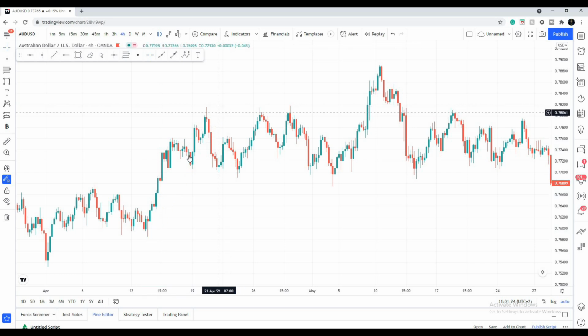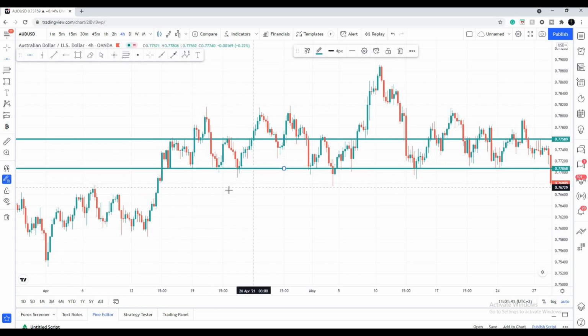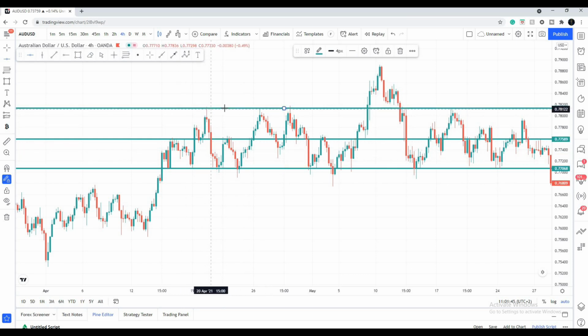Okay, so the reversal of this run, we can see from here it stopped over there. So over there we had our first confirmation, and then we had another one over here, so we can see that that is a reversal, so we're going to add that in. Okay, and then we had this high set over here, so we could use that as well. So what we need to do from there is just highlight.